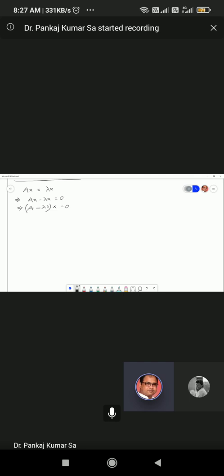So what I'll do here, I'll put an identity matrix so that whenever I take x out of it, it's still 1 and I'm multiplying with that. So here comes A minus lambda I times x is equal to 0.